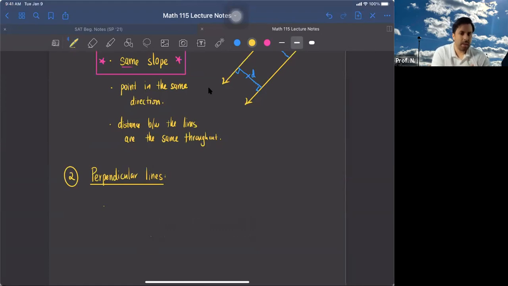So that's a true statement. But just because they intersect does not mean that they are perpendicular. So there's something more about just being intersecting lines. They intersect in a very special way. Yeah, that's right, Emil. They form right angles. So the word perpendicular is implying right angles. So they form right angles at the point of intersection.